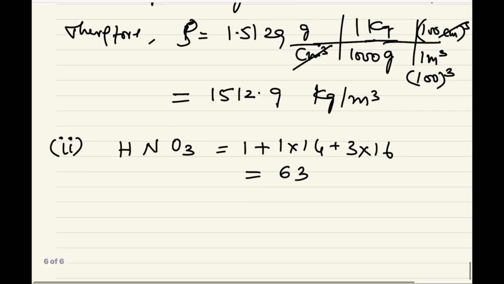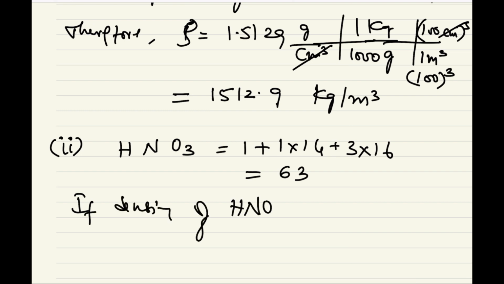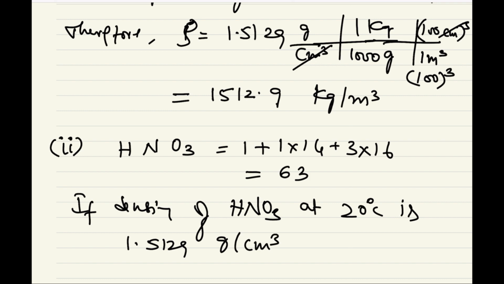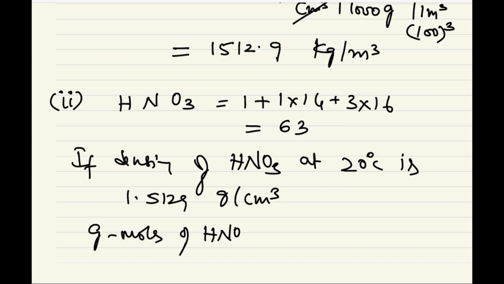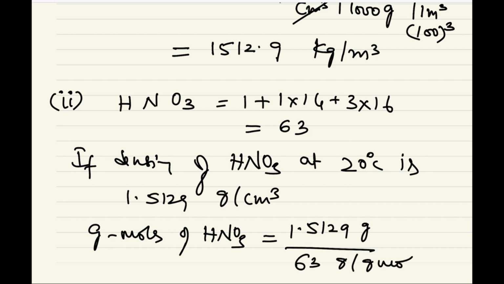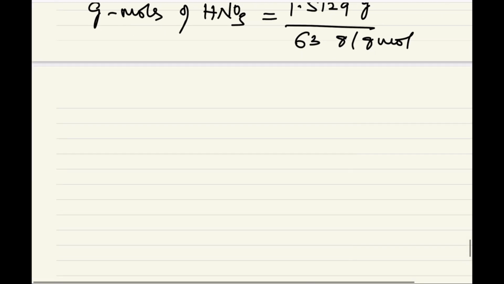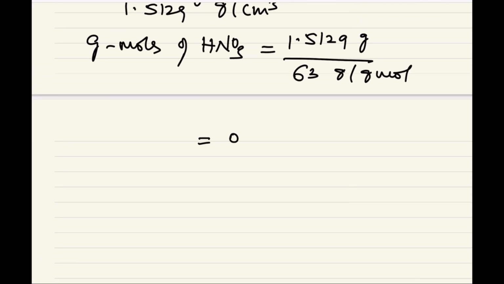So if the density of HNO3 at 20 degrees centigrade is 1.5129 gram per centimeter cube, then the gram moles of HNO3 is 1.5129 gram divided by 63 gram per gram mole. So we end up getting 0.024 gram mole.